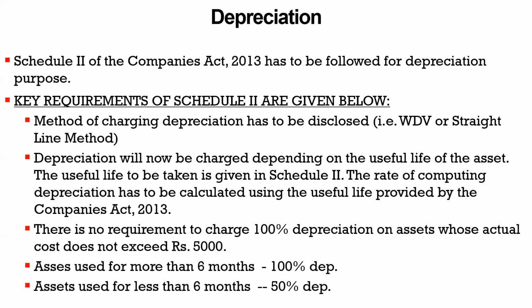Earlier, in the Companies Act 1956, the Act itself gave the rate for each category of assets, for motor car, furniture, office equipment, electronic equipment, all those things. It gave a rate that you had to follow for the WDV method. Now in the 2013 Companies Act, the Act does not specify the rate.